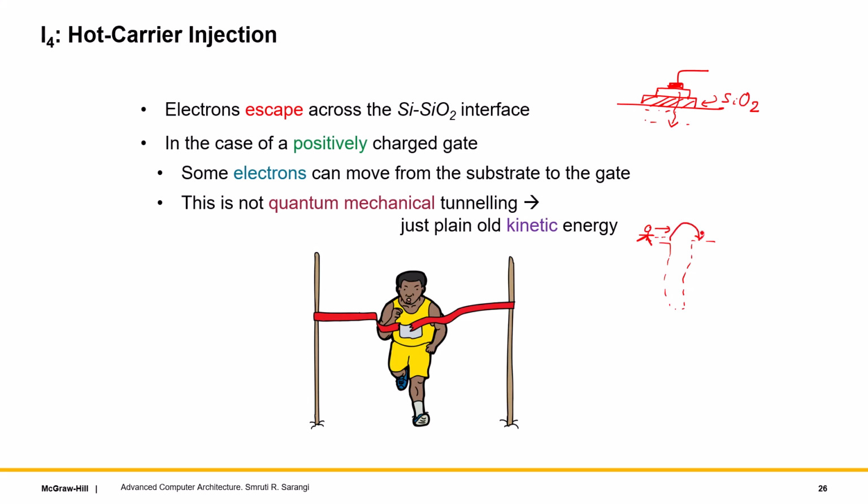And this is plain old kinetic energy, no quantum mechanics here. This running and jumping you can do if you have a sufficiently strong velocity, which electrons have because of the gate voltage, and the very thin oxide layer. So this canyon is actually very narrow.